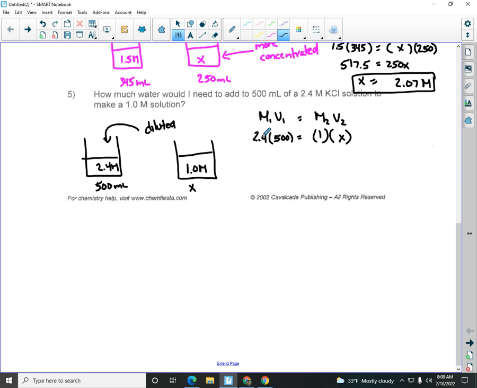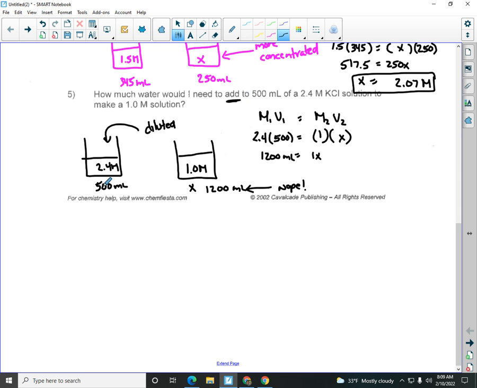So we're going to take 2.4, I'm going to multiply it by 500. We'll get 1,200 equals 1X. That's in milliliters. That's the new volume, 1,200 milliliters. Is this our final answer? Nope. Why not? Because I started with 500 and they're asking how much water I would need to add.